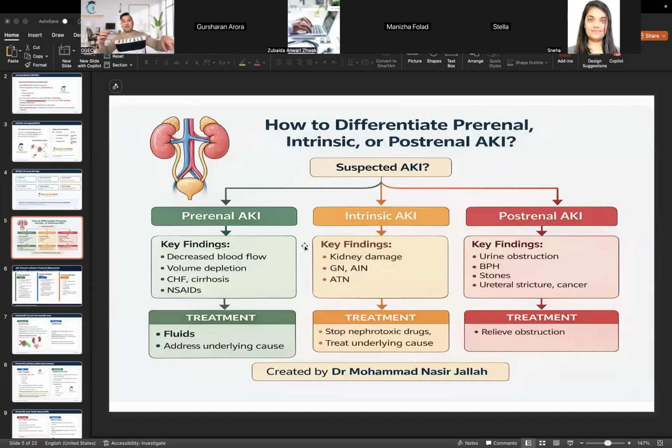So there are some medications that also cause the post-renal type, but usually for post-renal acute kidney injury, it will be the tumor or the stone. We have a mnemonic for it, which is called STONE. So usually there will be an obstruction due to a stone or malformation or tumor or a stone.